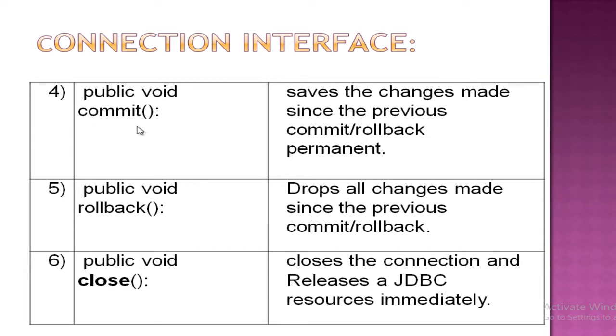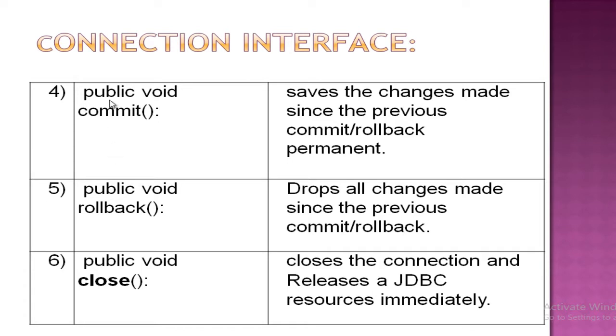Next, public void commit. Public void commit saves the changes made since the previous commit or rollback permanently. Okay, so public void rollback. Public void rollback, that means what? Drop or cancel all the changes made since the previous commit or rollback.